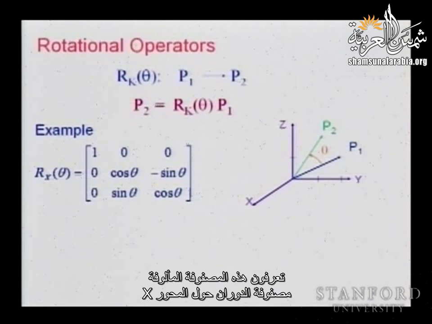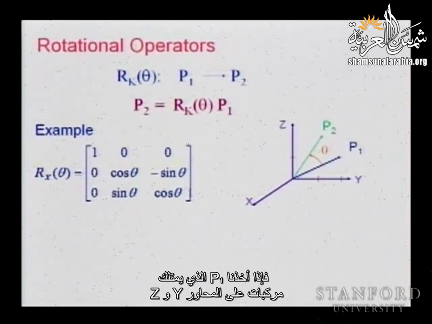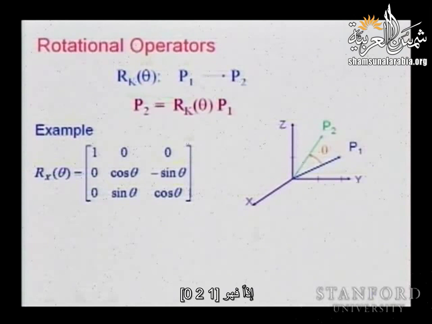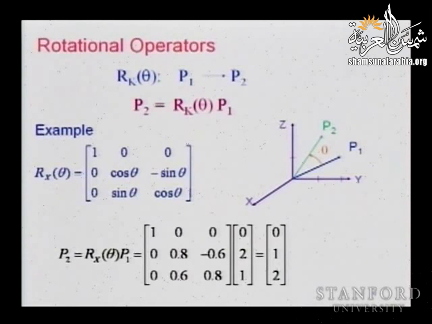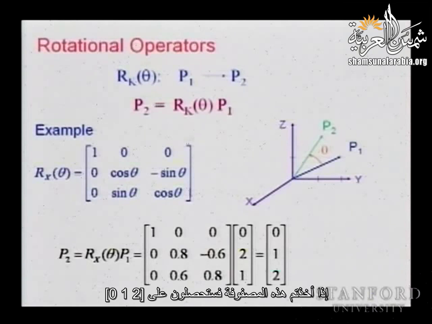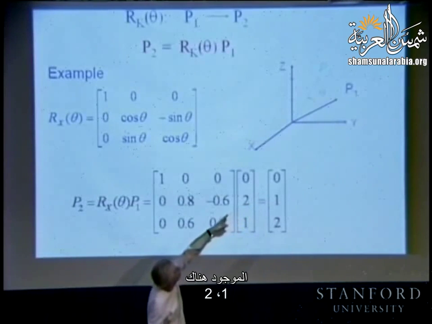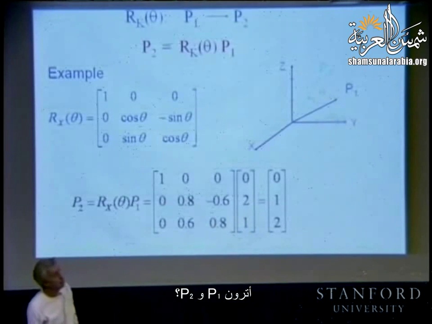It is cosine theta, minus sine. You know this familiar matrix, rotation about the x-axis. So if you take P1, which has components on y and z, so it's 0, 1, 1, and you take this matrix, you end up with 0, 1, 2, which is over there, 1, 2. You see P1 and P2?